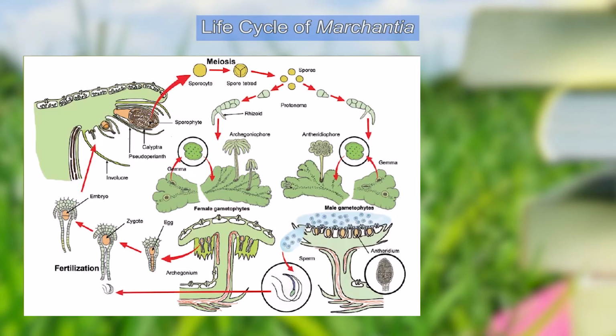This diagram beautifully represents the life cycle of Marchantia. As I said, the life cycle of Marchantia shows alternation of generations. The gametophytic structure alternates with the sporophytic structure. The gametophyte is haploid in nature, whereas the sporophyte is diploid in nature. The gametophyte contains a thallus. The thallus is very simple in Marchantia.